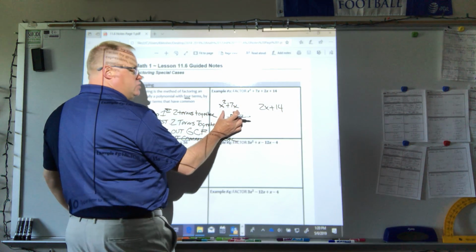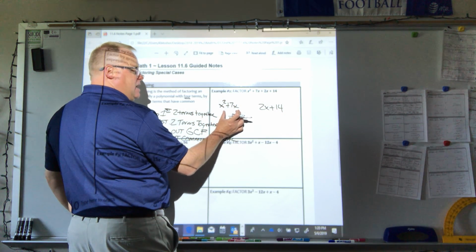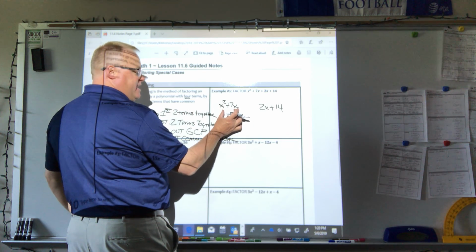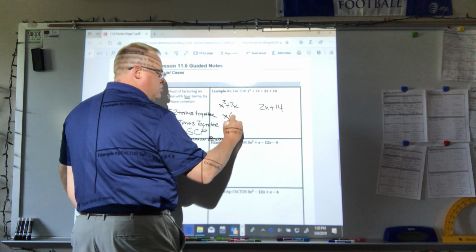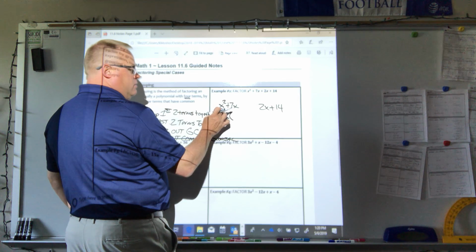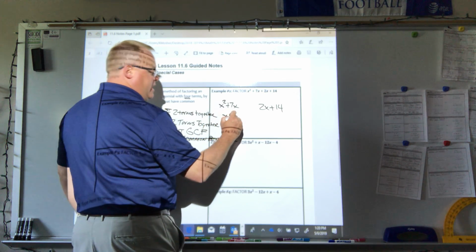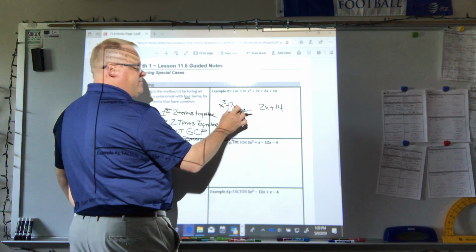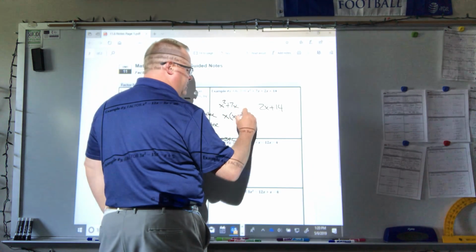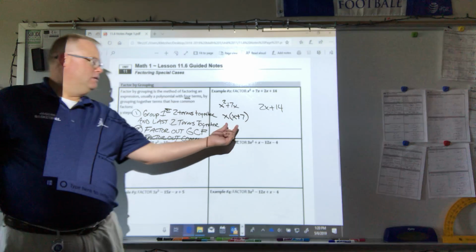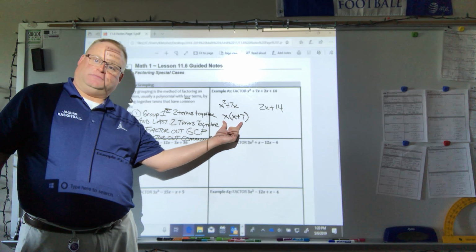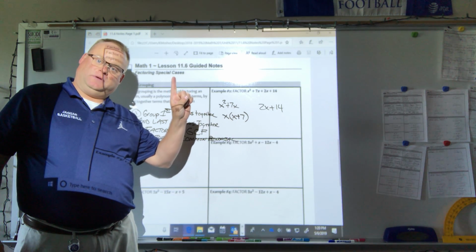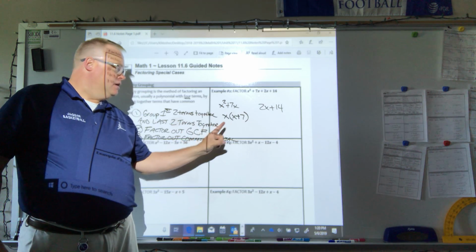When I look at x squared plus 7x, what's the greatest common factor between x squared and 7x? An x. Great. What do I have left over? If I pull an x out of x squared, I have an x left. If I pull an x out of 7x, I have a 7 left. x outside of x plus 7.